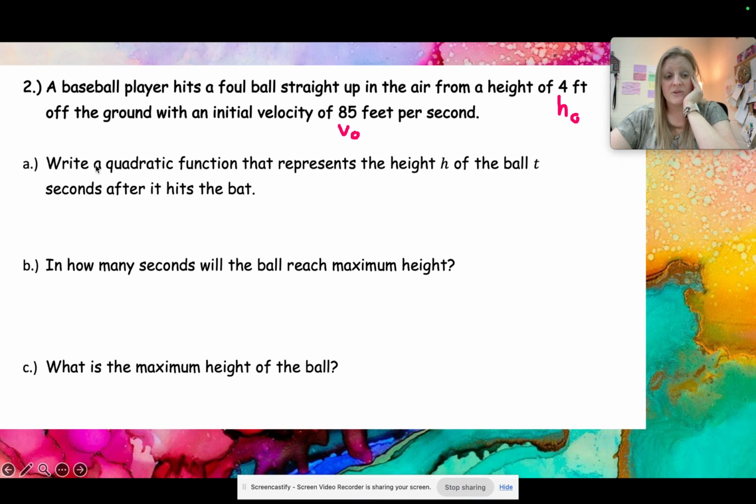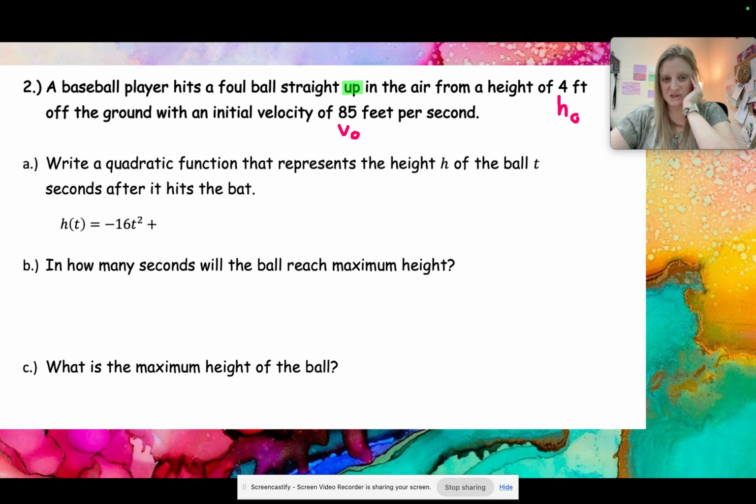Now letter A says write a quadratic function that shows the height of the ball in terms of t seconds. And I do want to point out, it says the ball was hit up in the air, right? So my formula is such, it's h of t equals negative 16t squared.